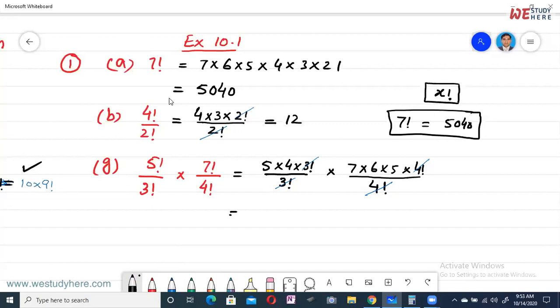Then the remaining factors are 5 fours are 20, and here 7 6 fives are 30, 30 7s are 210. Then this will be 4,200. Okay, 4,200 will be the answer.